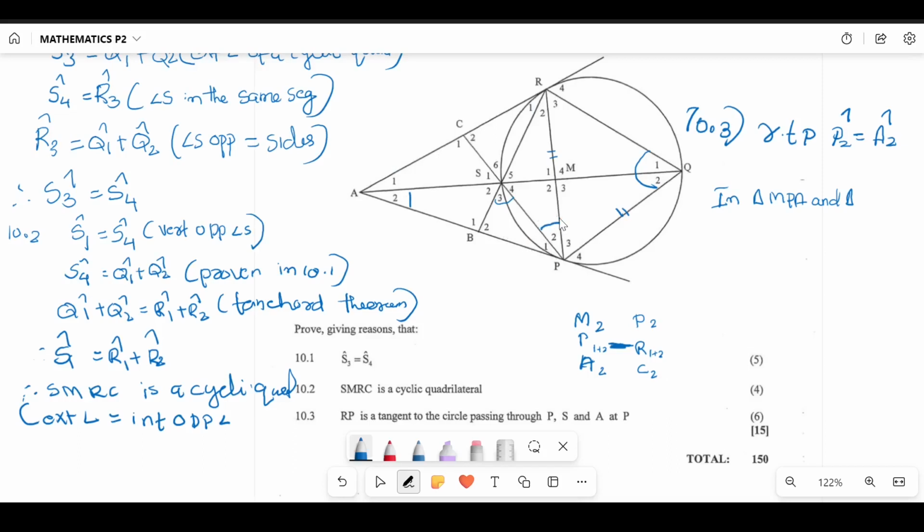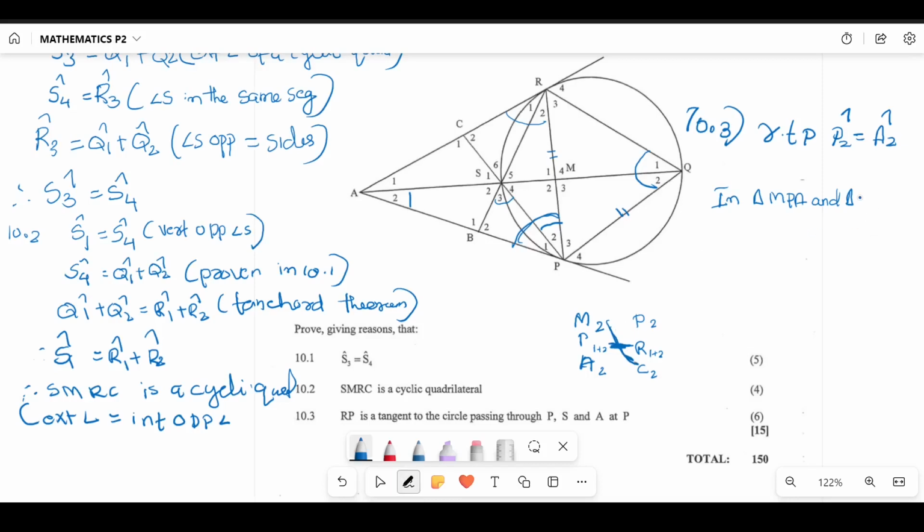So this angle is equal to this one. Angles opposite equal sides. Now M2 and C2 are equal because they are exterior angle of this cyclic quadrilateral that we just now found. So this is how they are related.